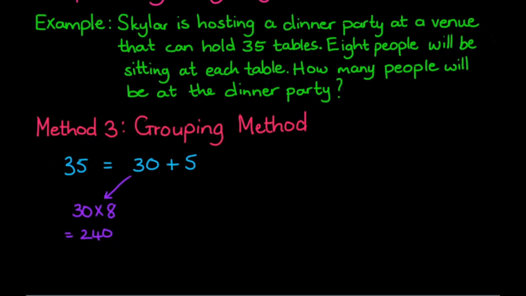The next thing I'll do is I will multiply 5 by 8, which will give me 40. The last thing that happens in this one is I will take the two numbers, so 240, and I'll add the 40 to it, and I'll get my answer of 280.